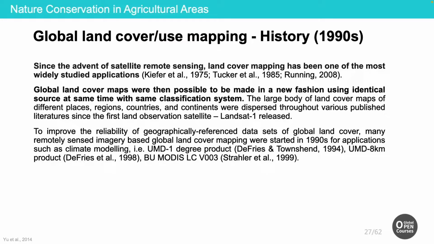In the 1990s, since the advent of satellite remote sensing, land cover mapping has been one of the most widely studied applications. Global land cover maps were then possible to be made in a new fashion using identical source at the same time with the same classification systems.